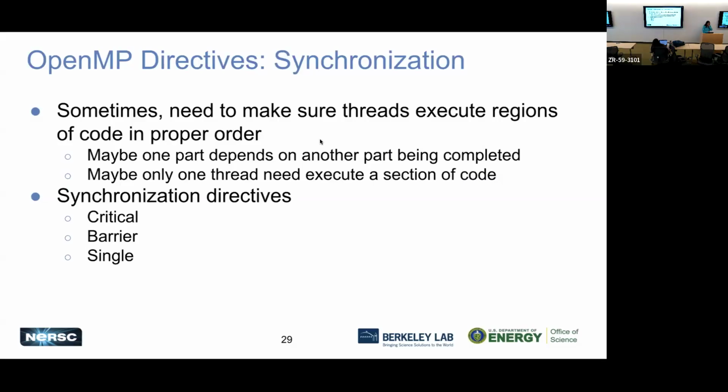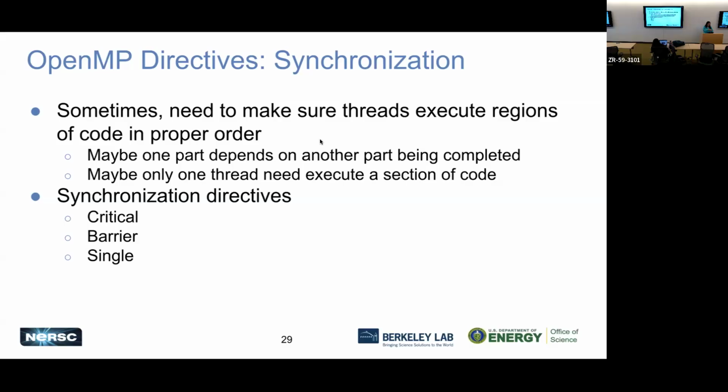Okay, now, synchronization. There are implicit synchronizations, but sometimes, just like in MPI when you do send and receive, at one point you want everybody to reach the same place where my send and receive are complete. OpenMP is similar.